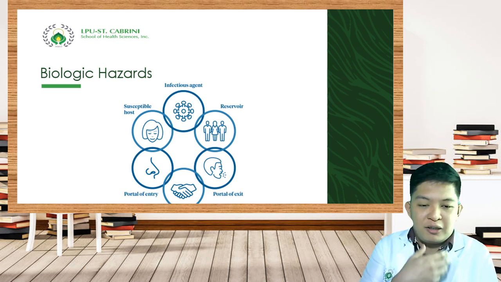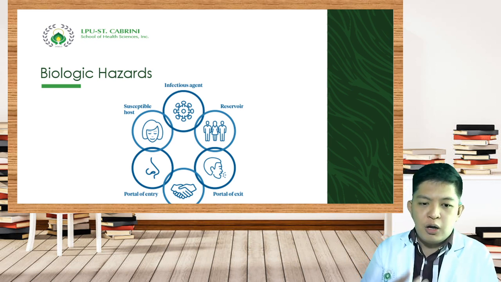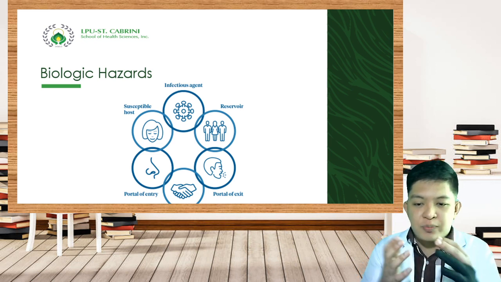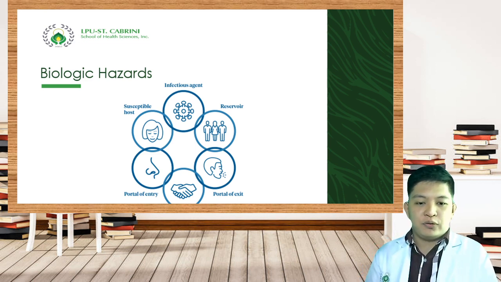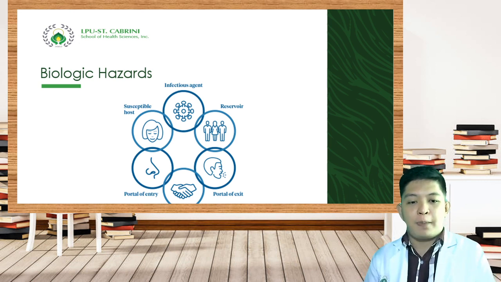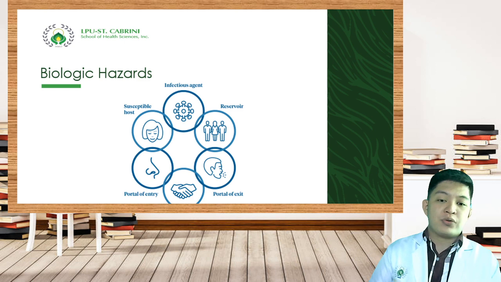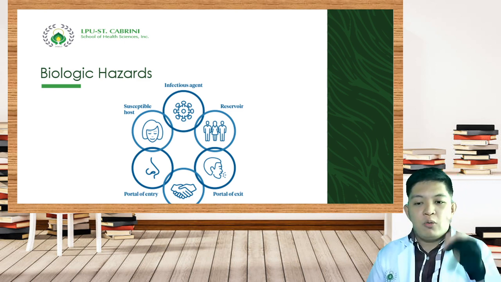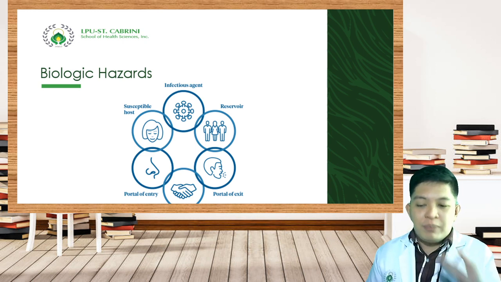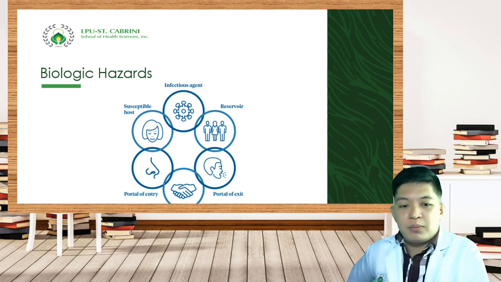Portal of exit can be through mucus or saliva. Mode of transmission: direct exposure, inhalation. Vehicle, droplet, port of entry, inhalation, things like that. And then, the susceptible host. Who is the susceptible host here? Remember that the susceptible host in the chain of infection will be you. None other than you are the susceptible host.